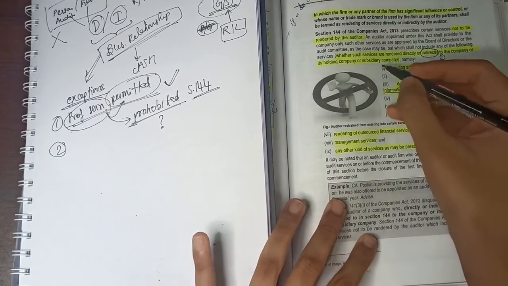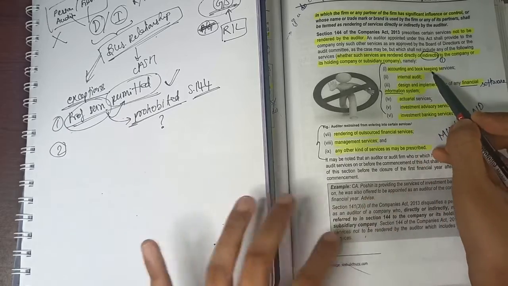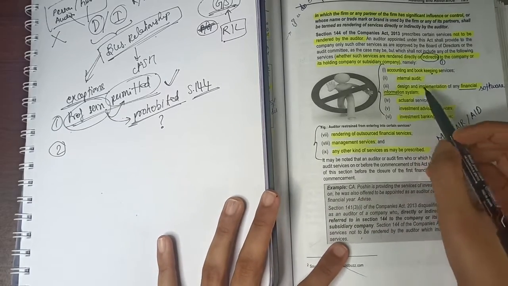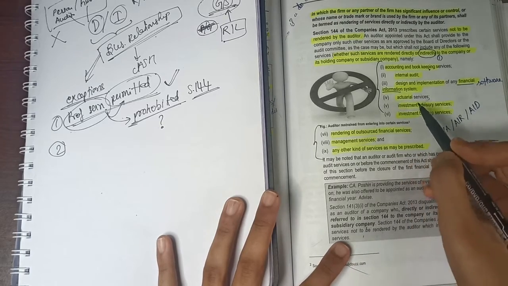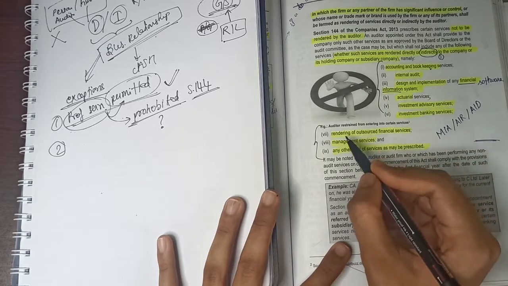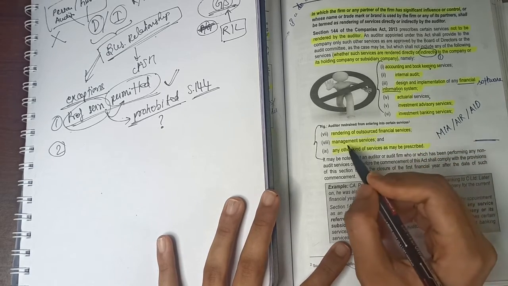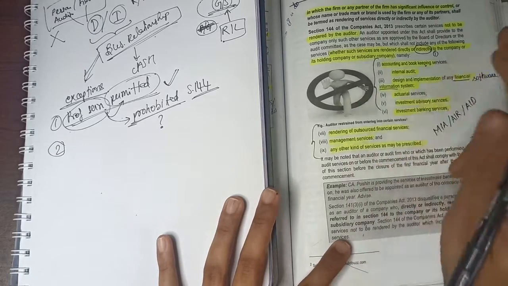So these are the services. Okay. Accounting and bookkeeping services, internal audit services, design and implementation of financial information system, actuarial services, investment advisory services, investment banking services, rendering of outsourced finance services, then management services and other services. All these services are prohibited.